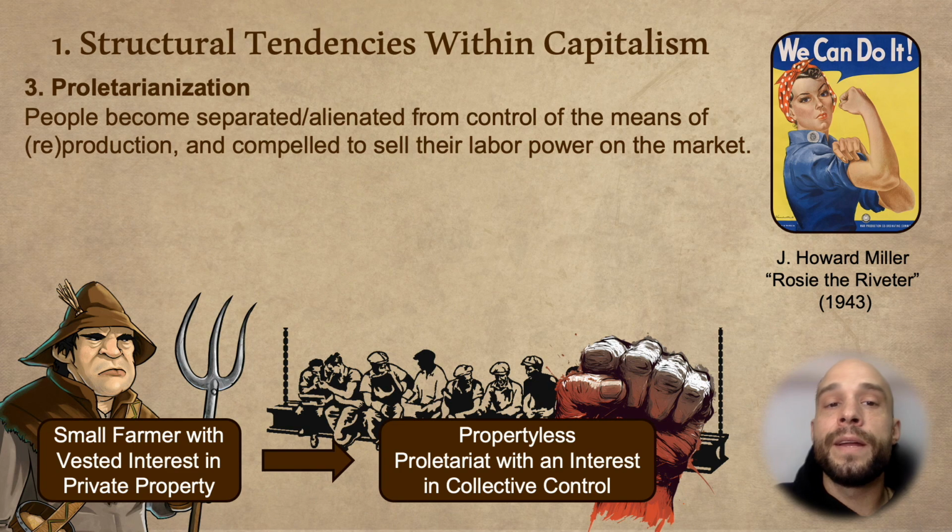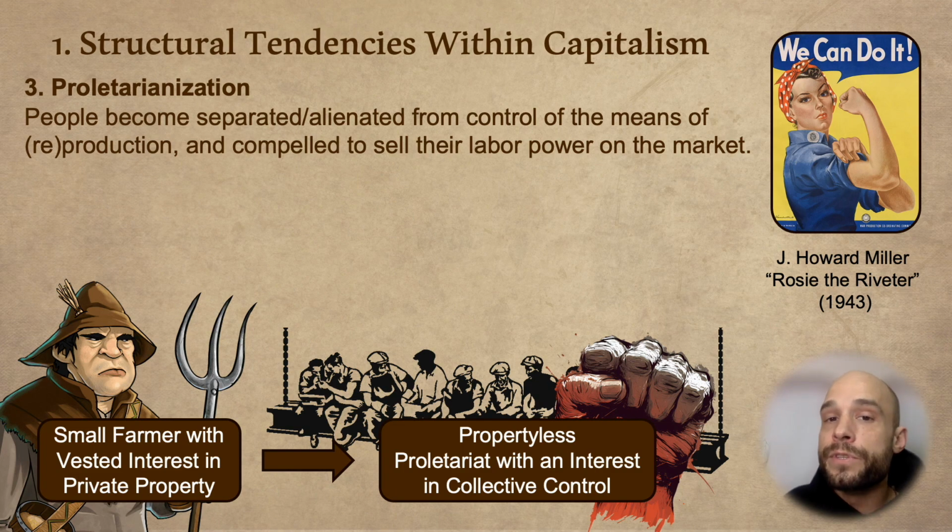The proletarianization of women is a special case. Women historically did not own the means of production in the same way men did, but they exercised control over what Marxist feminists call the reproduction of labor power: feeding workers, maintaining households, and raising the next generation of laborers.